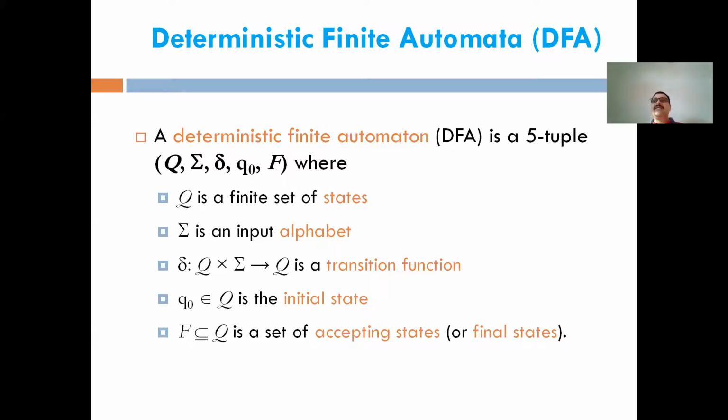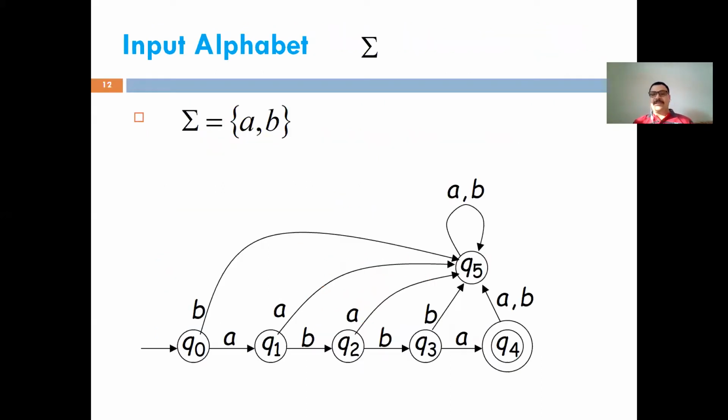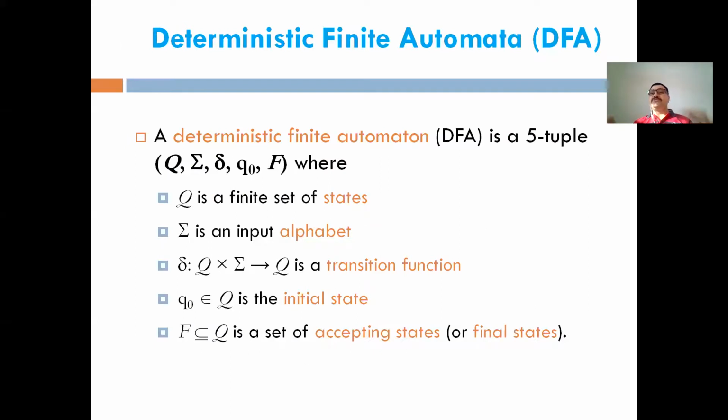Q0 is the initial state, and it is noted that in case of any machine, the initial state must be single. So Q0 is only a single state, and it is also part of capital Q, the set of states, that I already told you. And finally, the capital F represents the final states. It may be a set of final states, which means more than one state may be a final state. So this is the basic representation by using the tuple, or you can say the mathematical representation of deterministic finite automata.